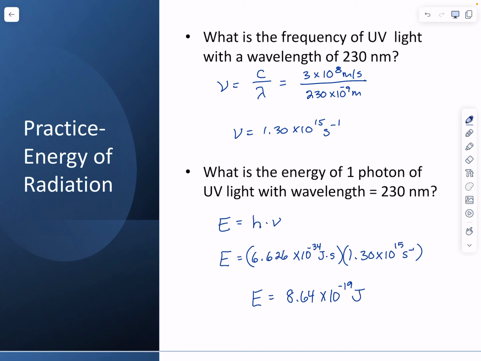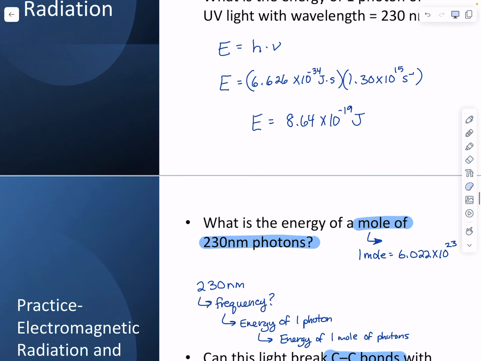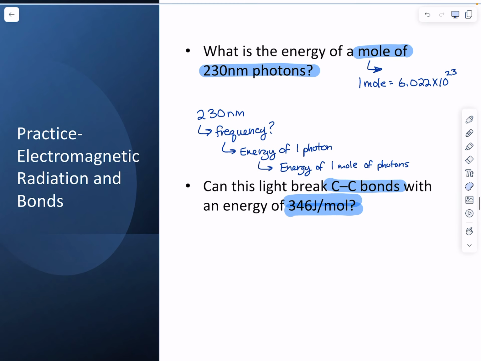So now we'll take this, and that's where we're going to start. Here is our energy of one photon.